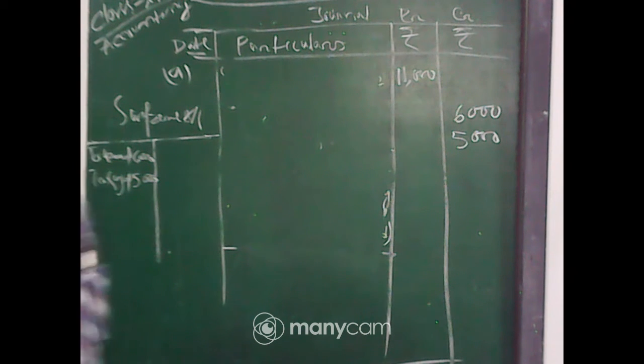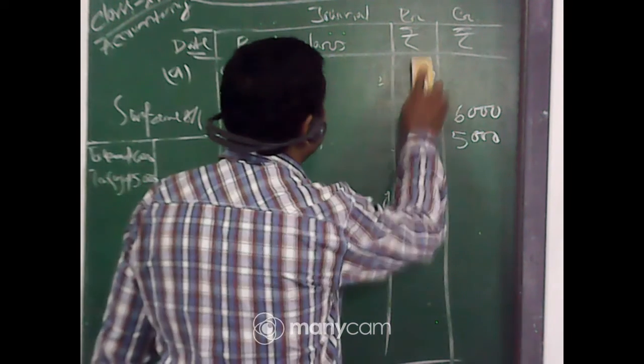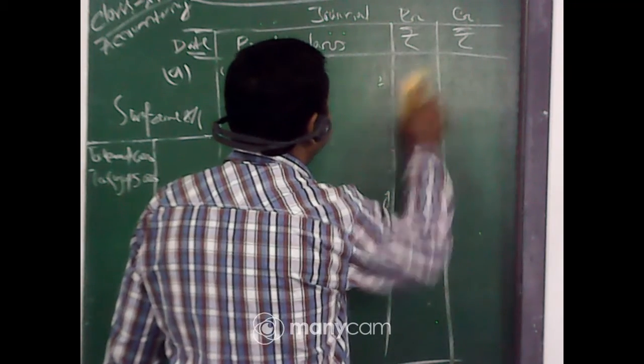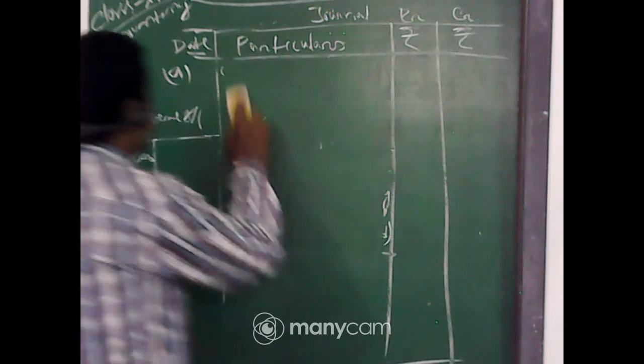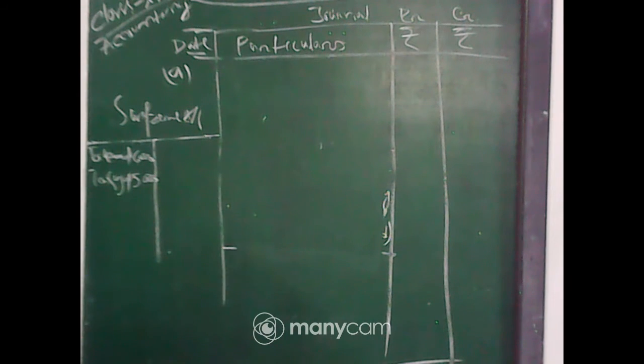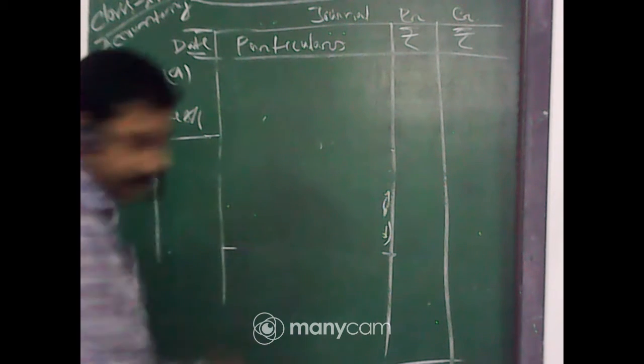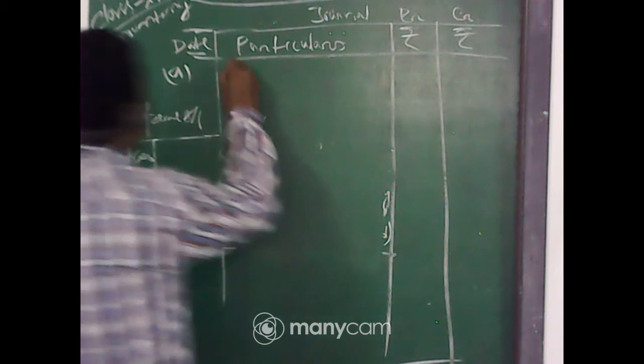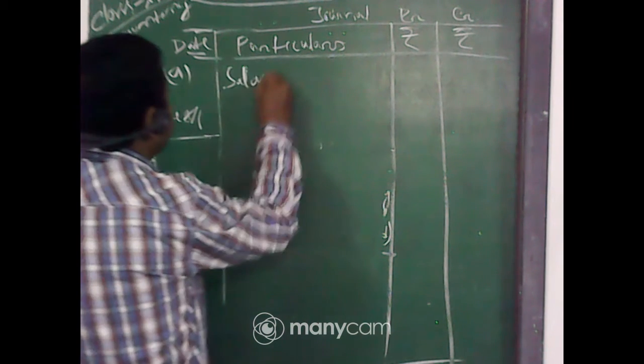Now salaries account debit, there is no mistake in cash, because in both cases cash is paid, so cash is already right. But you have to take into account the salaries and the other mistake. First we write what is right: salaries should be debited, they didn't debit it. So salaries account debit 2000.